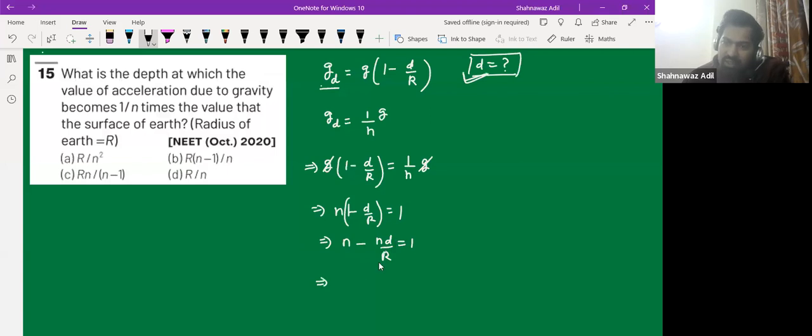So this becomes minus n d by R equals 1 minus n. I can take the minus to the other side, so d equals R times 1 minus 1 by n.